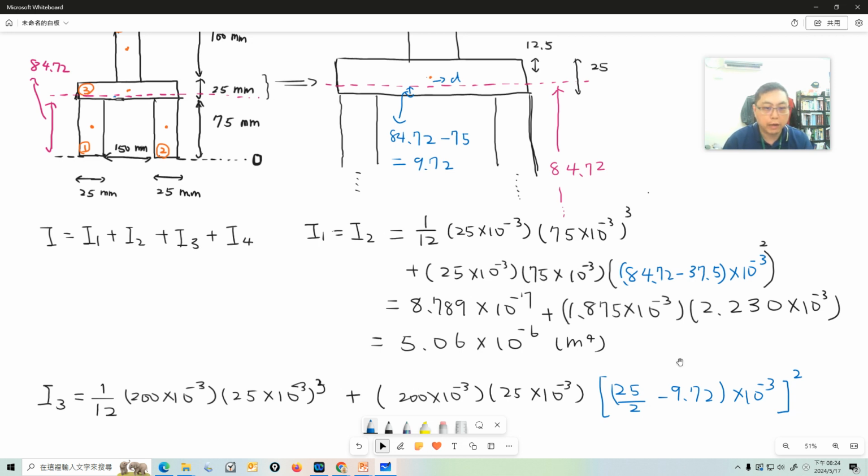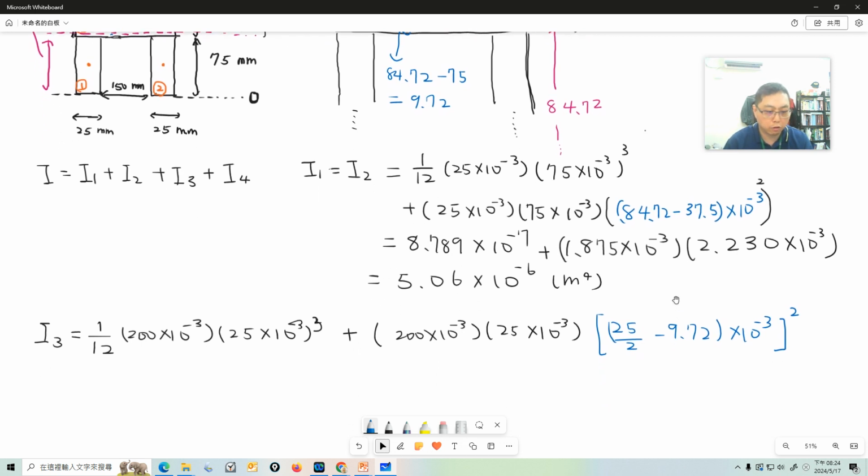So you put everything together. What will you get? The first term is 2.604 times 10 to the power minus 7, and the second term is 3.8642 times 10 to the power minus 8.